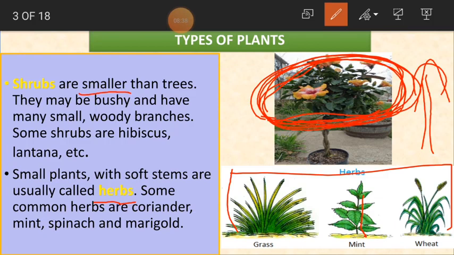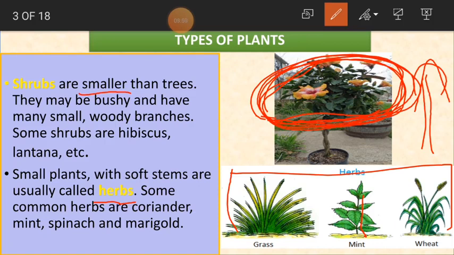For example, we have coriander, mint, spinach and marigold. Coriander, we use it in our daily cooking. Coriander leaves are so light in weight, so delicate and so sensitive. Very small plants.